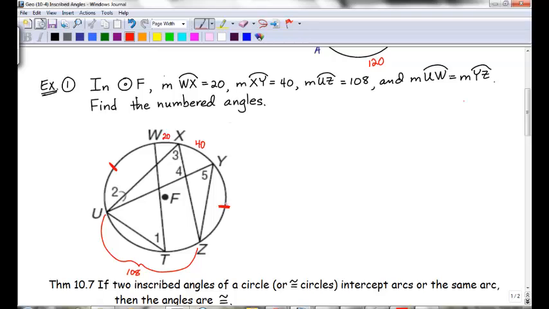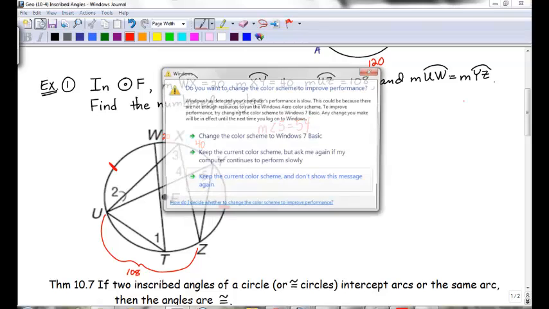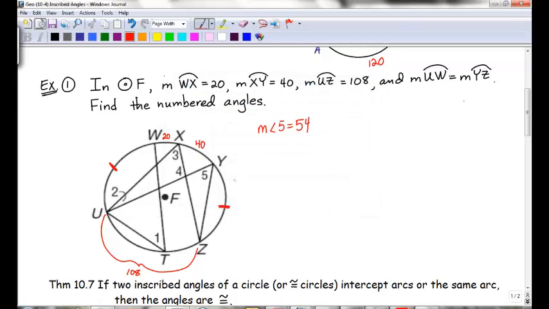Angle 5 is what? 54. So the measure of angle 5 is 54 because this inscribed angle 5 maps to this arc, which is 108, so it's half that, 54. Angle 3 also marks out that arc, doesn't it?